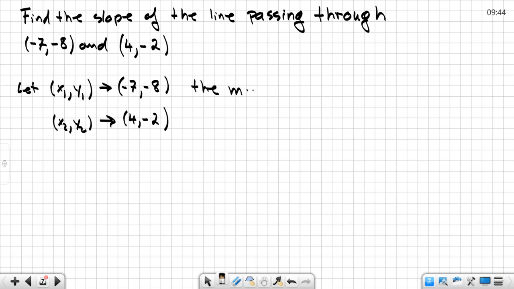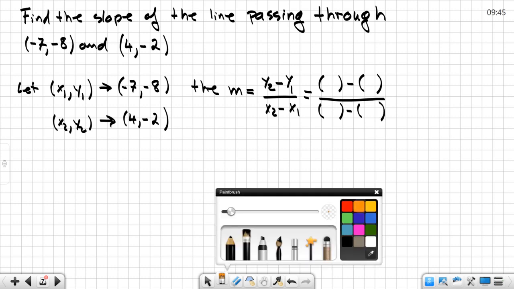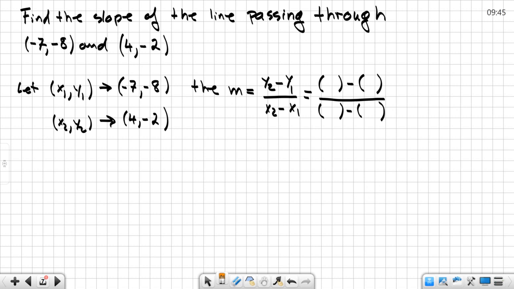Then m is equal to y2 minus y1 divided by x2 minus x1, which will give us now, here's a good idea, put parentheses first and then substitute the coordinates in. So let's have a look. y2, what was y2?